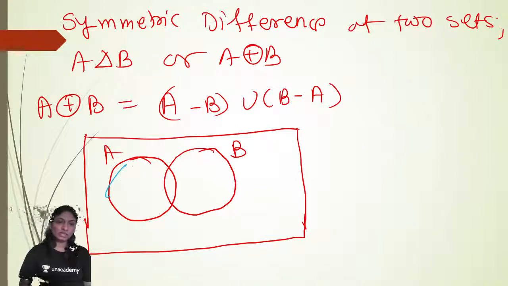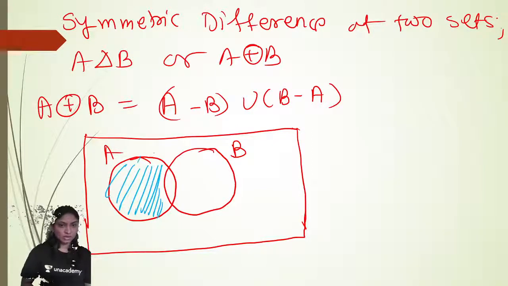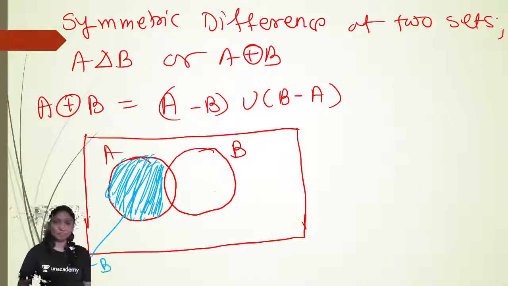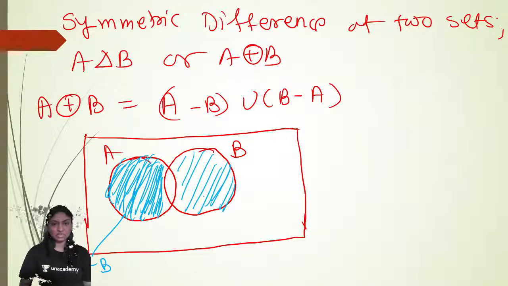We shade this portion, the elements which are in A but not in B, right? The shaded portion is denoted by A minus B, and the elements which are in B but not in A, this only, and the union of these two is denoted by this shaded portion, right?